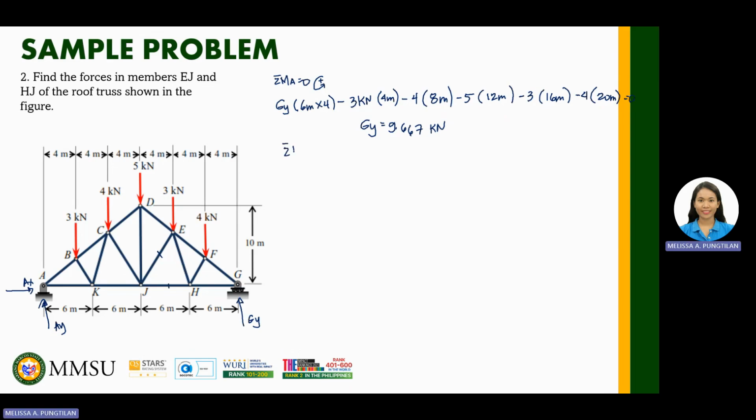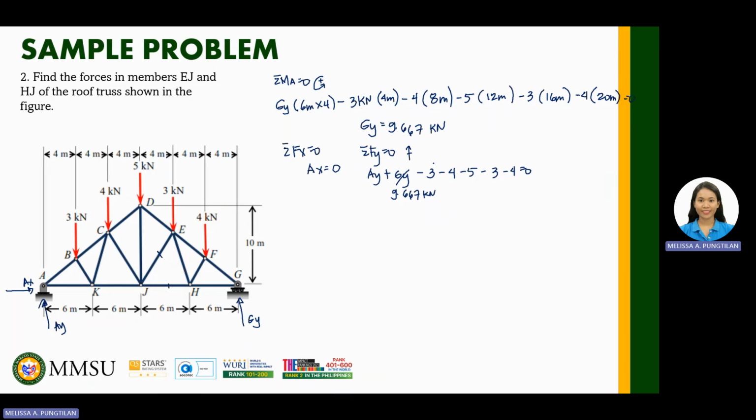And then taking the summation of forces X is equal to 0. We don't see any horizontal forces. Therefore, AX is also equal to 0. And then summation of forces Y is equal to 0, upward positive. Therefore, we have AY plus GY minus 3 kilonewton minus 4 minus 5 minus 3 minus 4 is equal to 0, where GY is equal to 9.667 kilonewton.